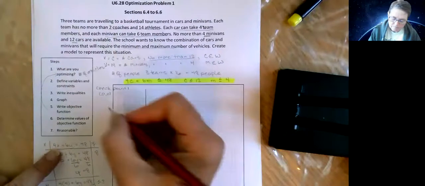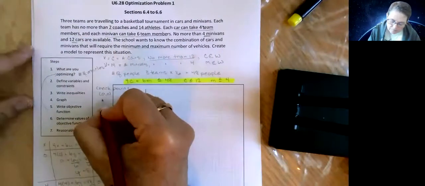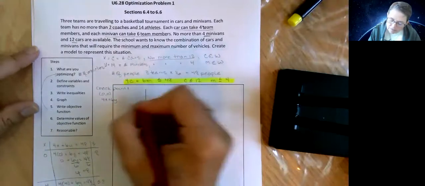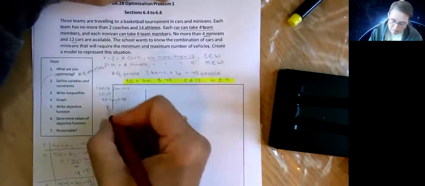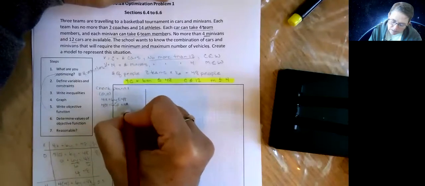Start with the equation again. 4x plus 6y is less than or equal to 48. So 4 times 0 plus 6 times 0 is less than or equal to 48.